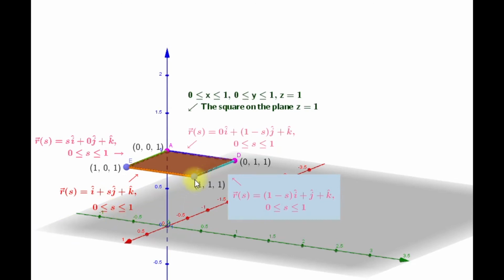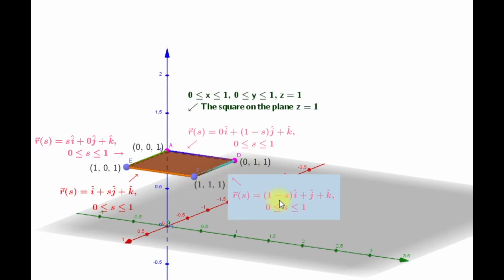On this line segment from 1, 1, 1 to 0, 1, 1, the z coordinate is 1, the y coordinate is 1. At the same time the x coordinate varies from 1 to 0.